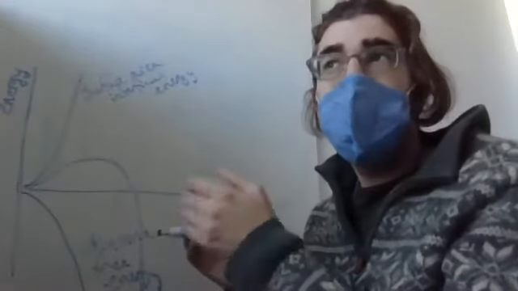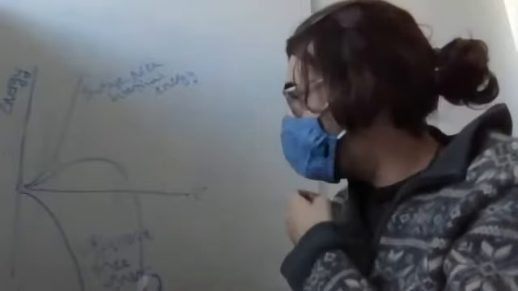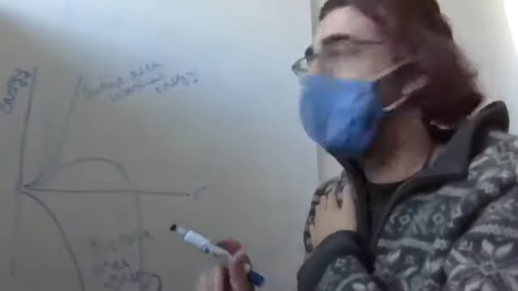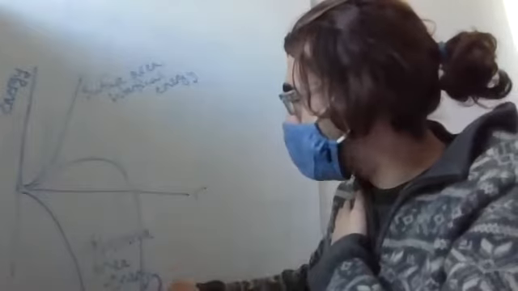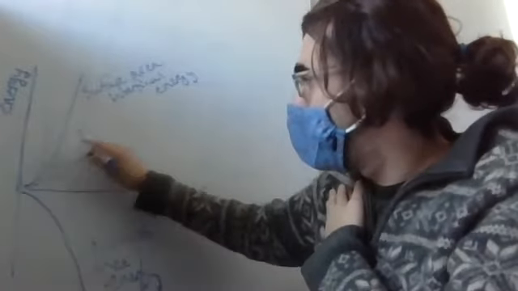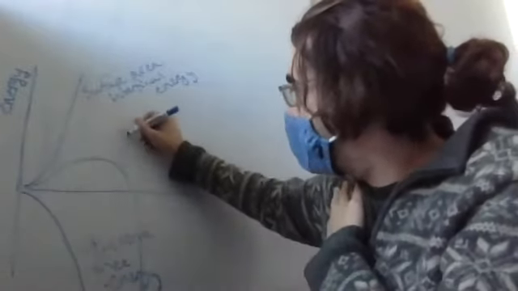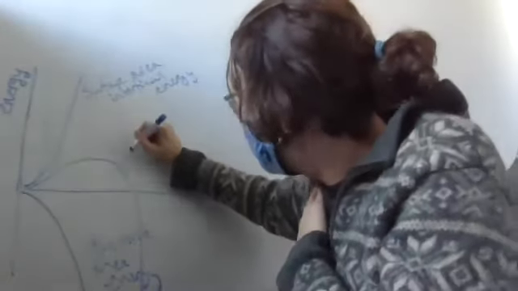Surface area goes to the power of 2, but volume goes to the power of 3. So eventually the volume wins out and the overall energy of the system decreases. And that is dictated by this curve here. So this is delta G.